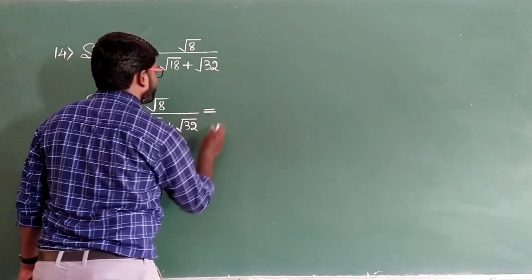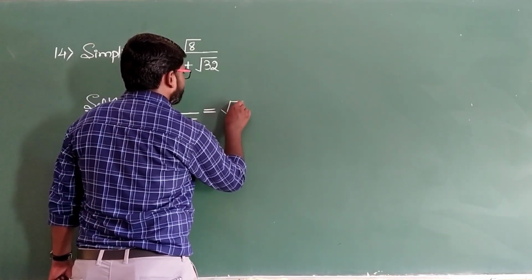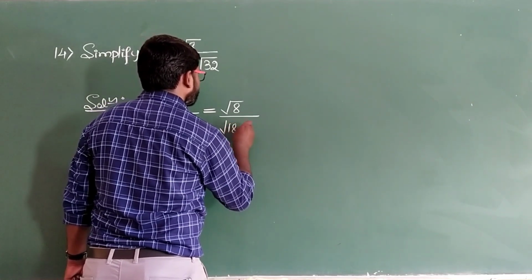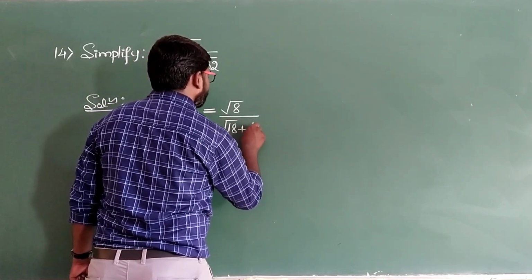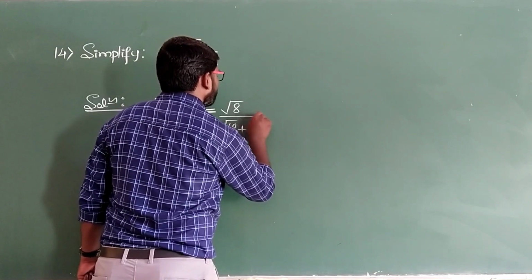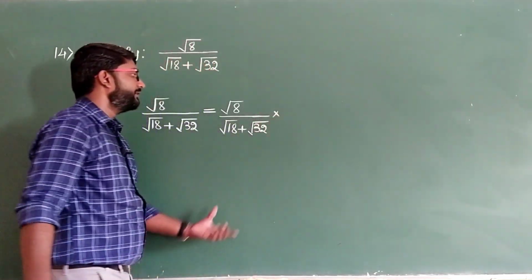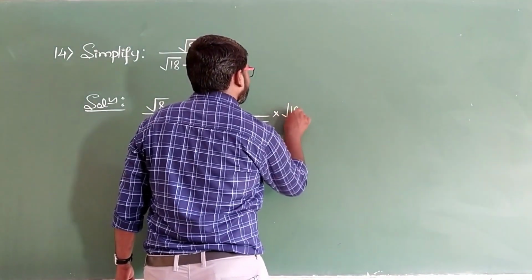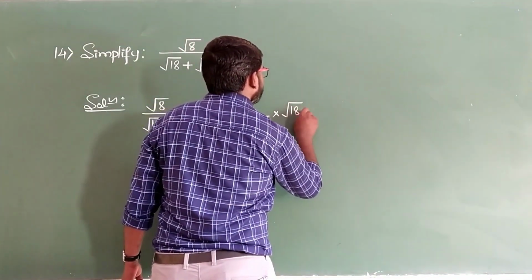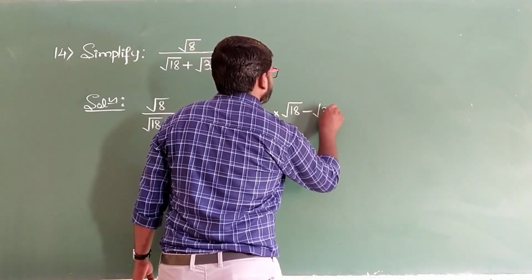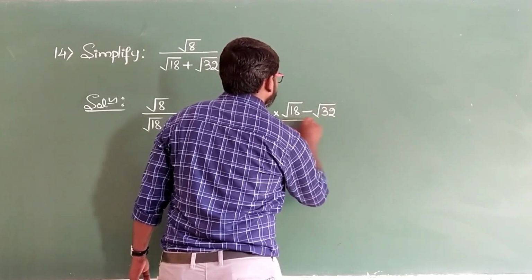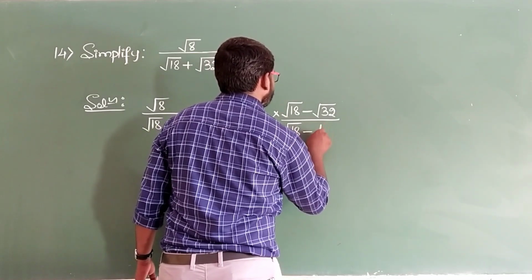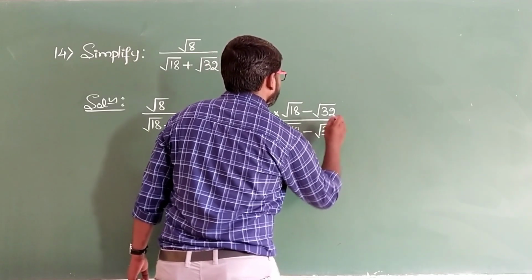This is equal to, so write this as it is now, root 8 divided by root 18 plus root 32. So now multiply and divide by the opposite sign of the denominator. So what do we get now? We get root 18 minus root 32 divided by root 18 minus root 32.